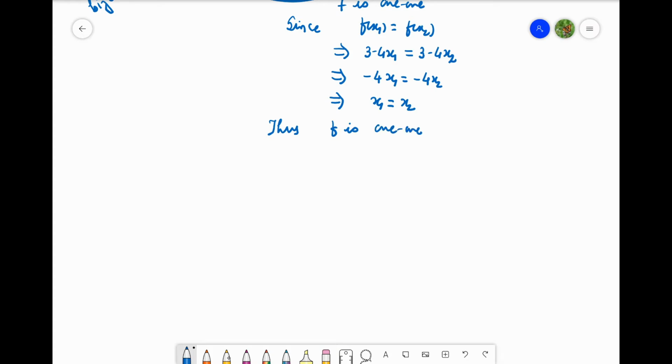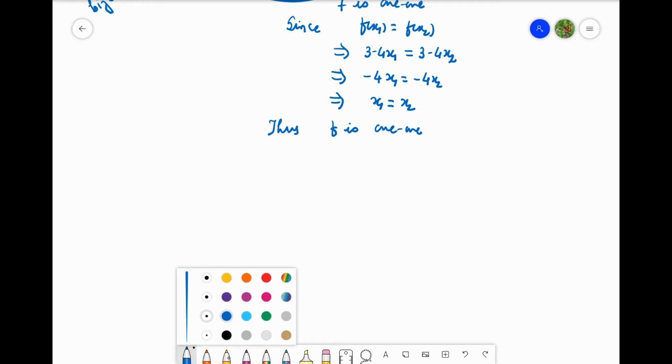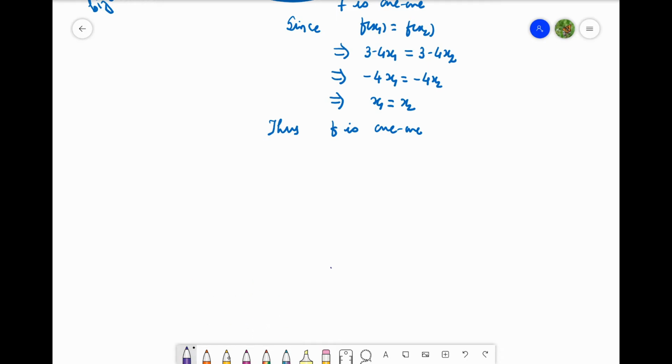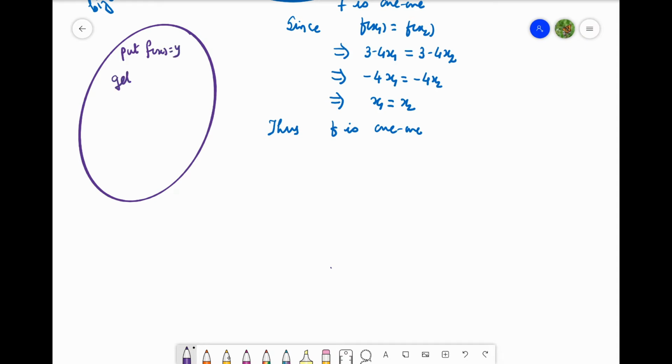Now to show that it is an onto function, how to find x corresponding to y? For that, put f of x equal to y, get expression for x, and for that x prove that f of x equal to y.